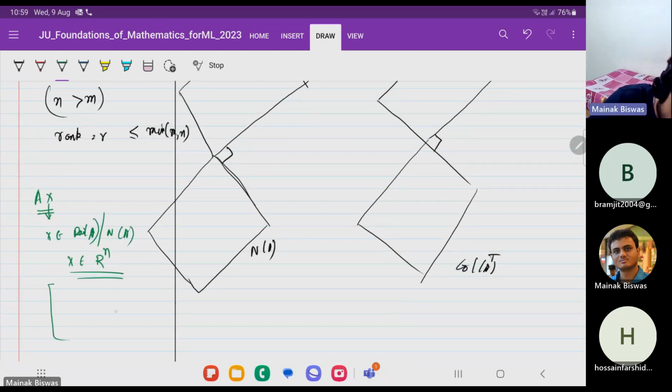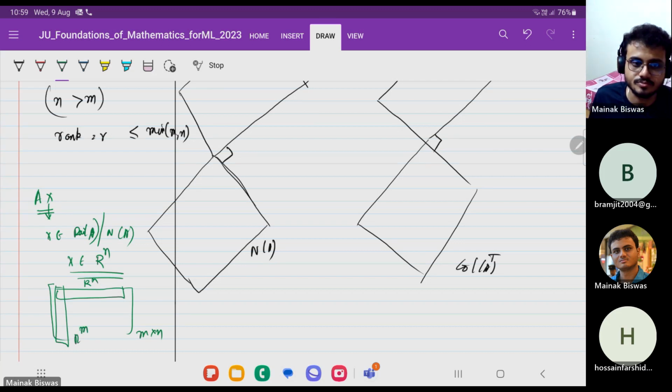If you want to draw the picture, M cross N matrix, yes or no? X is n dimensional or not? For multiplying a vector with a matrix, it has to be equal to the number of columns.